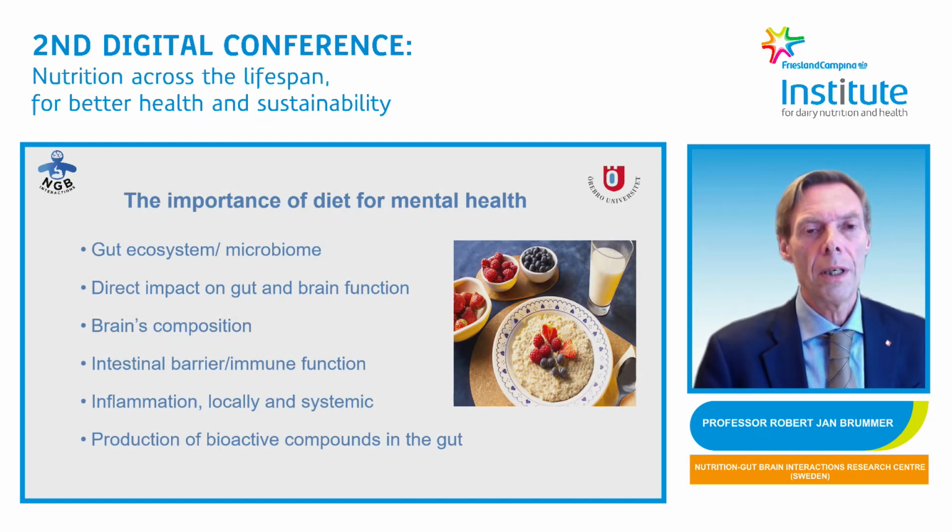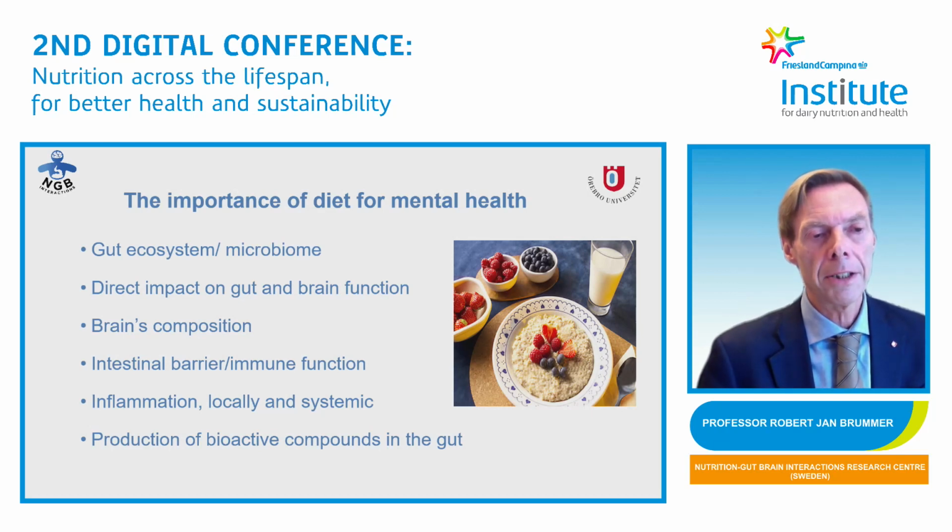So to summarize my presentation, the importance of diet for mental health is through the gut ecosystem and through changing the microbiome. It also has a direct effect on gut and brain function. We have previously shown that diet, especially the fatty acids in your diet, can change the brain's composition.